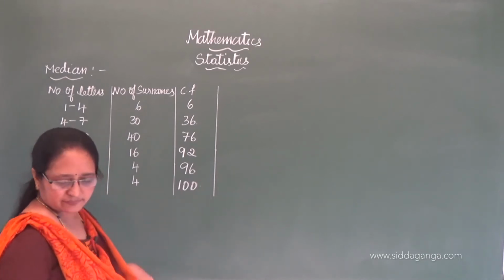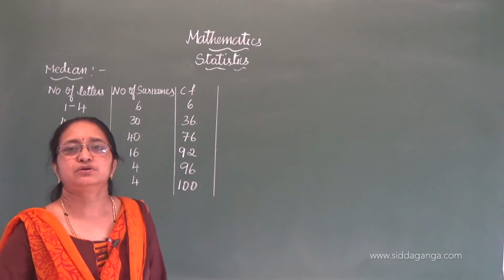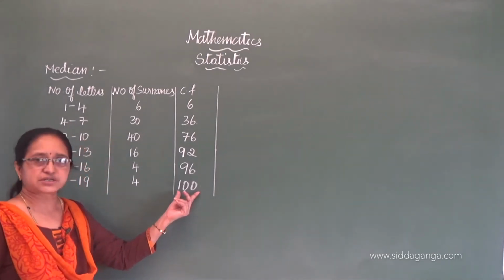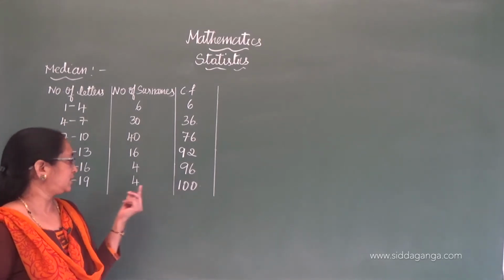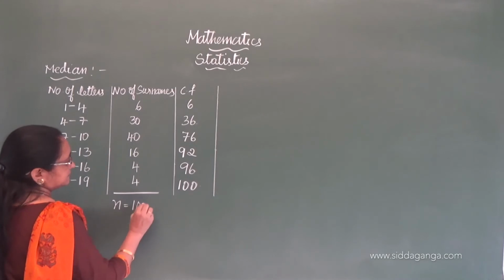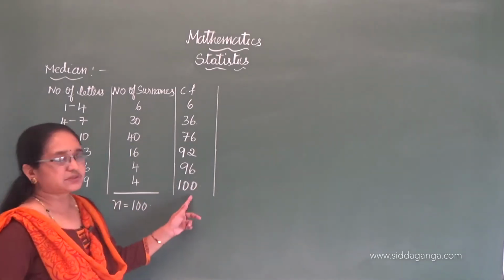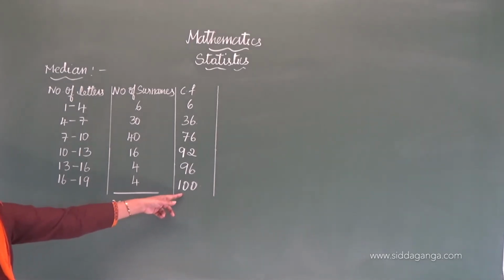So in the question they have given 100 surnames. So our calculation is correct. You will get the total here, n. Here also n will be equal to 100. So the same number you get here. Okay, this is the cumulative frequency.